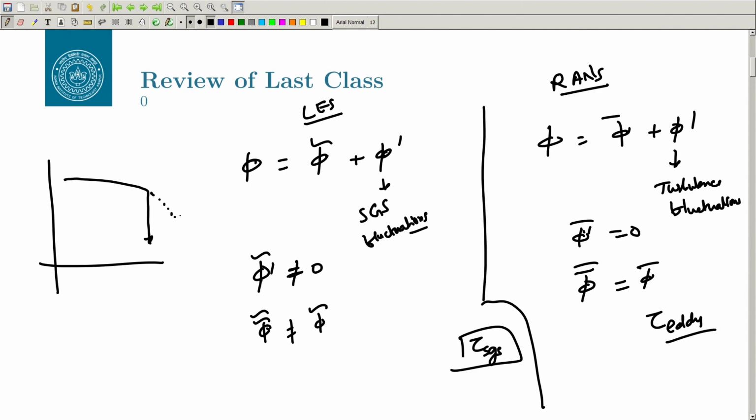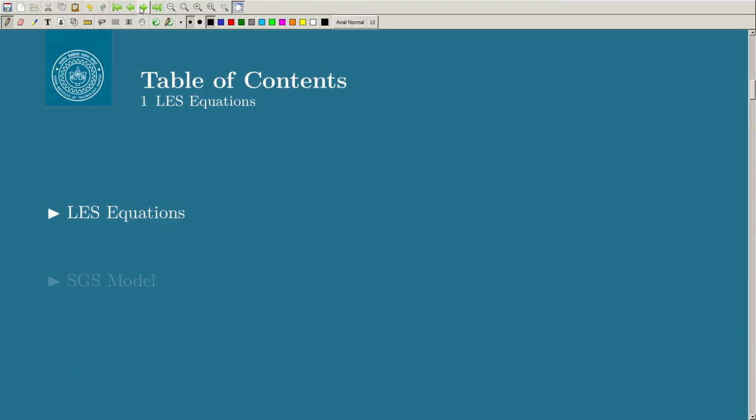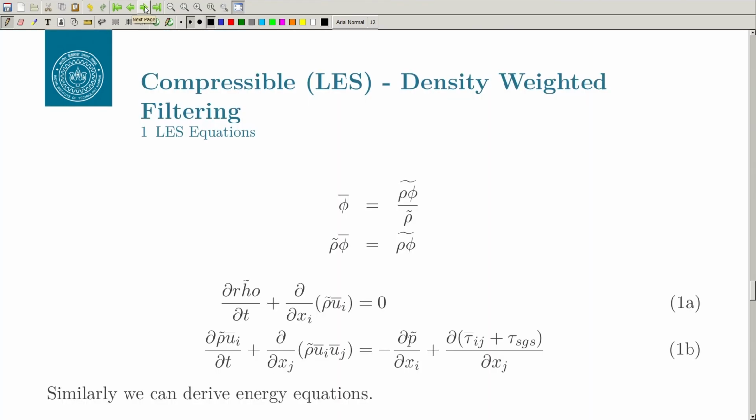Now, let us look at the compressible flow. When we go to the compressible flow, we have some differences. The first thing is that your density also becomes a variable. So, whatever operation that you are applying, whatever filter that you are using, density is not a constant. So, you basically have to have the rho tilde also.